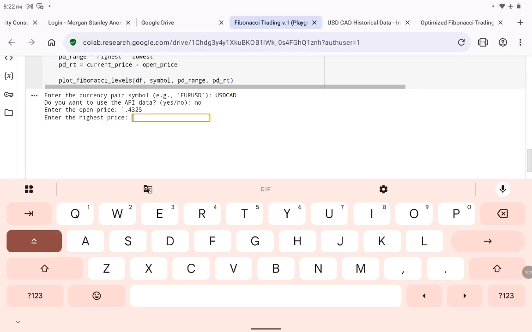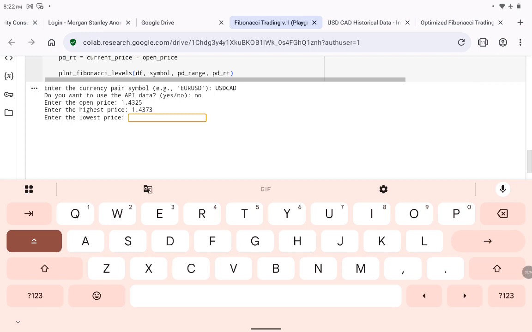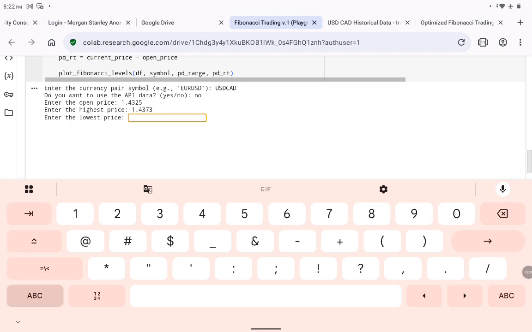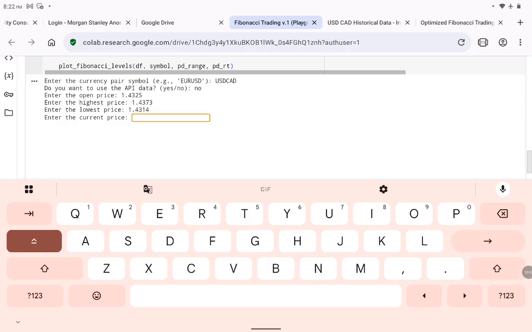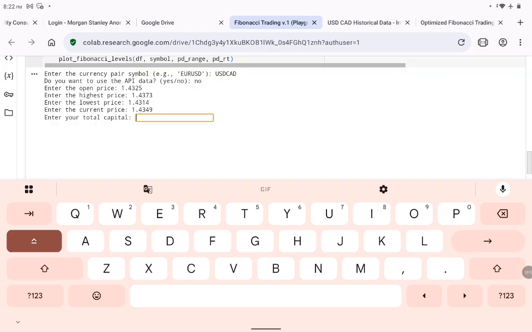Next highest price is 1.4373, and lowest price is 1.4314, and current price 1.4349. And it asks another question.